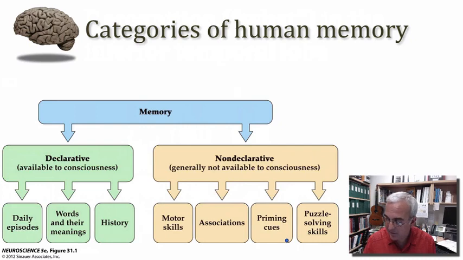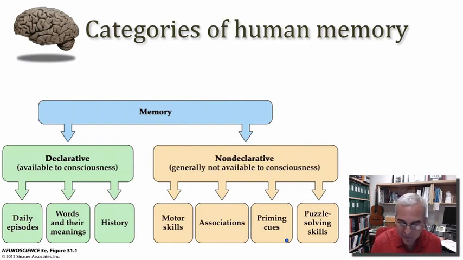So one can imagine that there is a kind of memory that is available to conscious cognition. What I have in mind here is the kind of memory for people, for places, for the episodes of our lives, for the things that can access our language faculty and allow us to describe verbally the content of that memory.